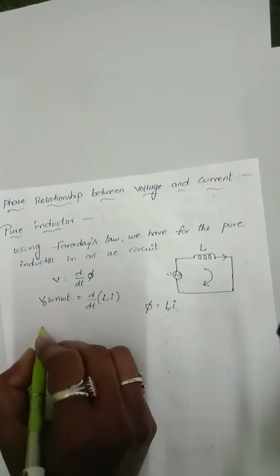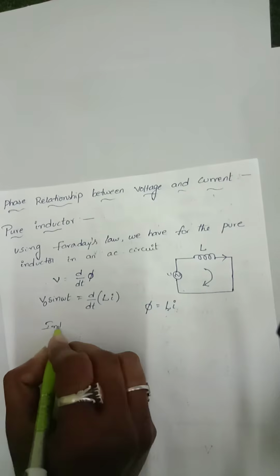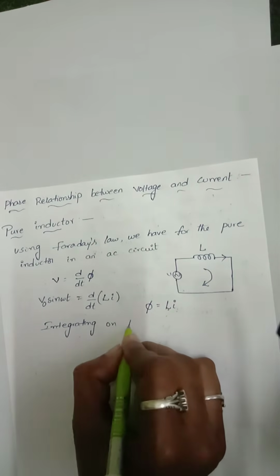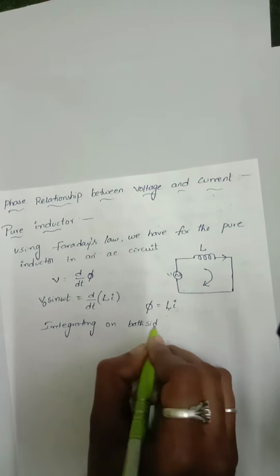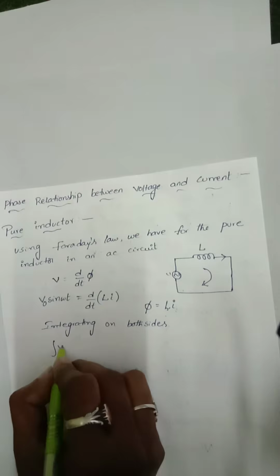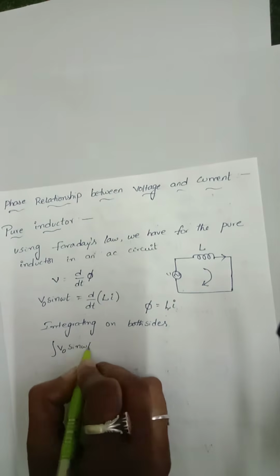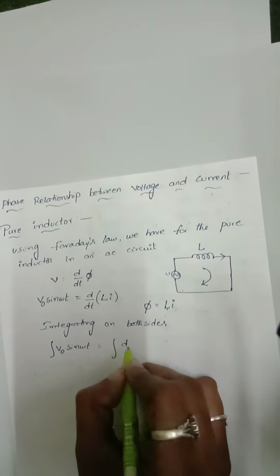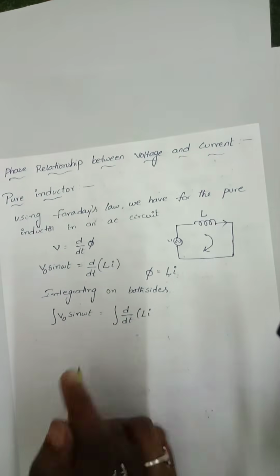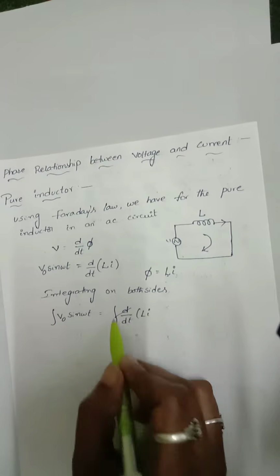We apply integration on both sides. Integral of V naught sin omega t is equal to integral of d by dt of L I. Here integration and differentiation get cancelled.